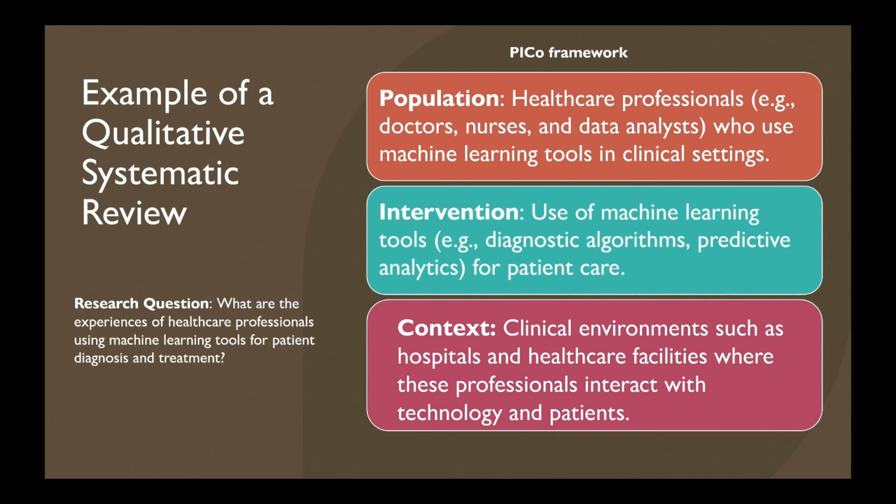Intervention is the use of machine learning tools for patient care, and the context is clinical environments such as hospitals, healthcare facilities, where these professionals interact with technologies and patients. So here you can say, what are the experiences of healthcare professionals using machine learning tools for patient diagnosis and treatment.